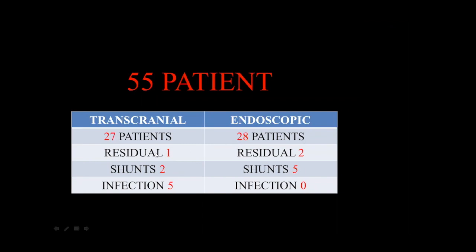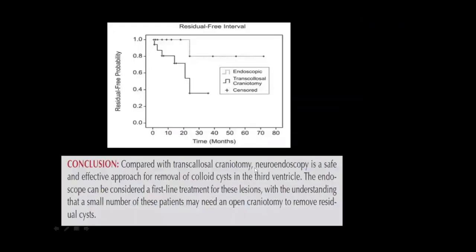And they compared the residual, one in craniotomy, 2 in endoscopy, shunts in 2 here, shunts here in 5, infection here 5, here 0. So it appears that endoscopy is better. And he put the Kaplan-Meier curve showing that endoscopy is better. So in his conclusion, he said, compared to the transcallosal craniotomy, neuroendoscopy is a safe and effective approach.